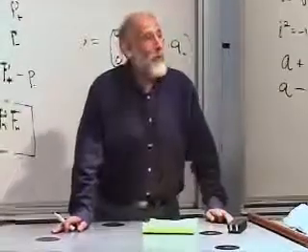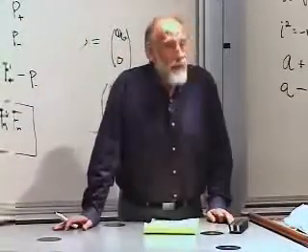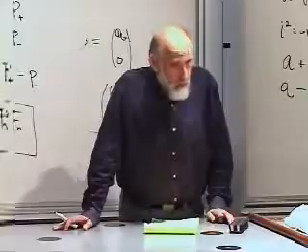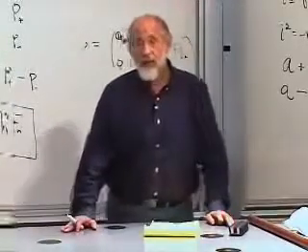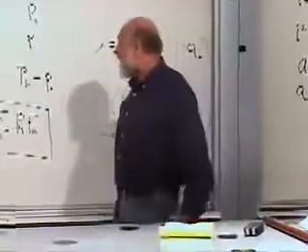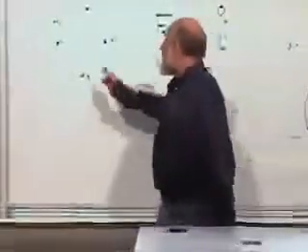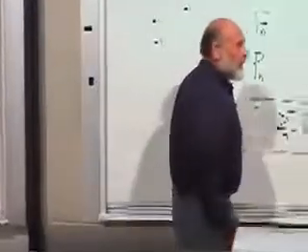Now, what I haven't told you is how you represent observables in quantum mechanics. And the representation of observables in quantum mechanics is more intricate and complicated than just saying we assign to each state a numerical value that we call the observable value in that state.